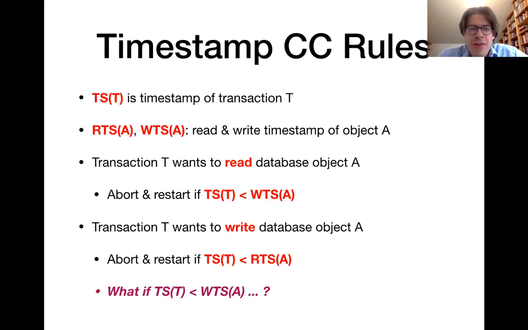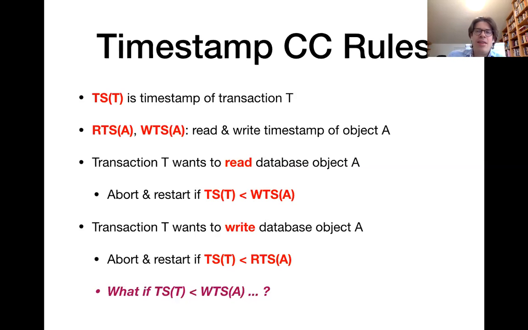Now, we have to check a couple of conditions whenever a transaction wants to read and write objects in the database. Those conditions tell us whether, if we proceed with an operation, we are still consistent with the timestamp order of the transactions.